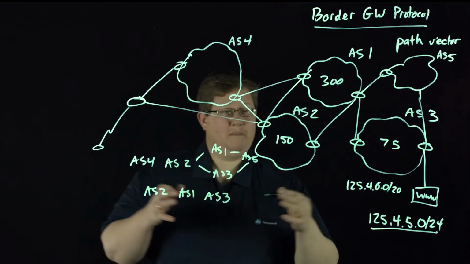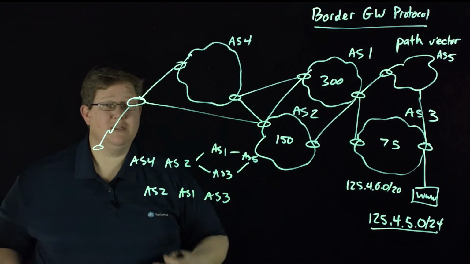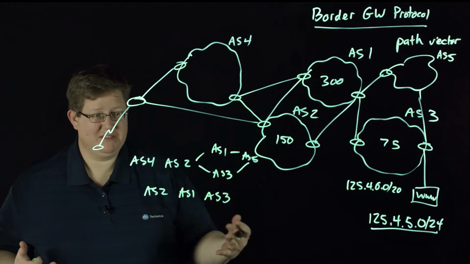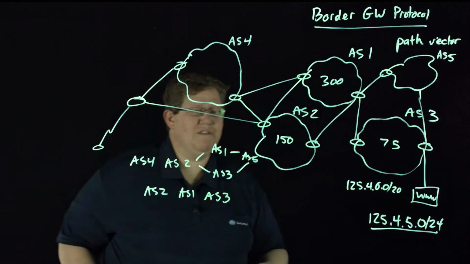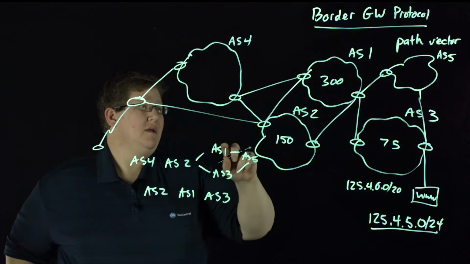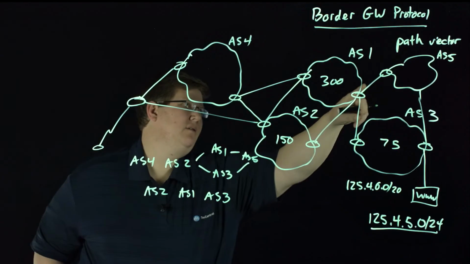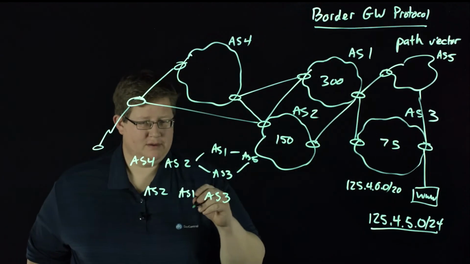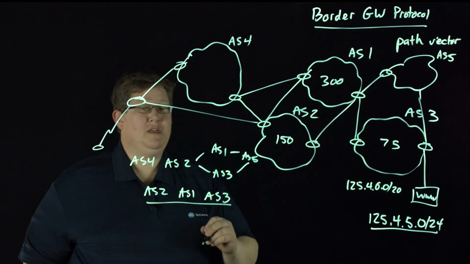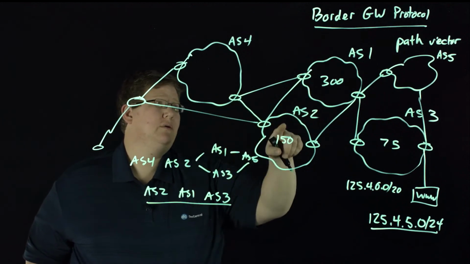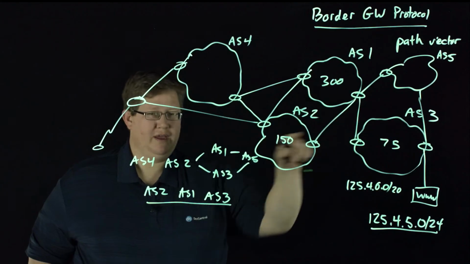So anyway, the path length is one of the attributes which BGP looks at to select the best path. So if I pick one, say that my path is AS2, AS1, AS3, this one. And then the other one, let's say, was AS4 to AS2 to AS1 to AS3.